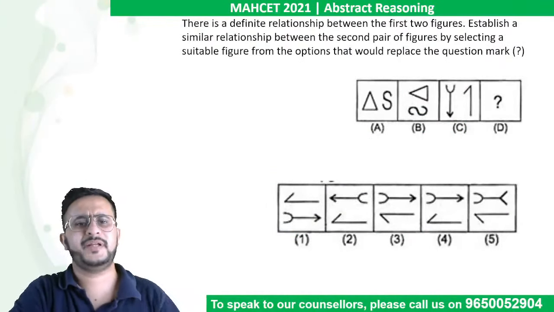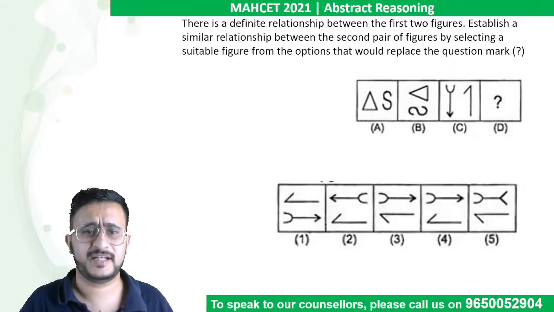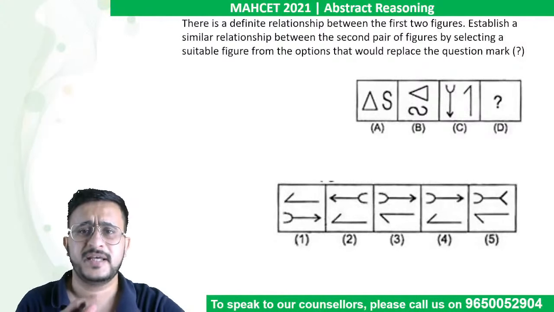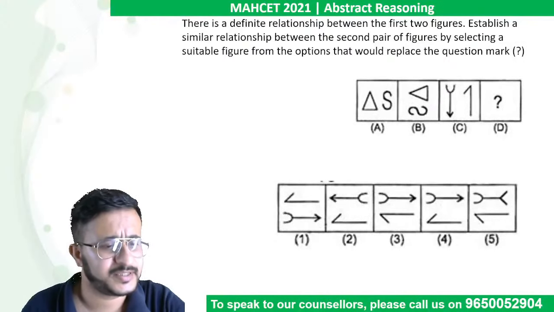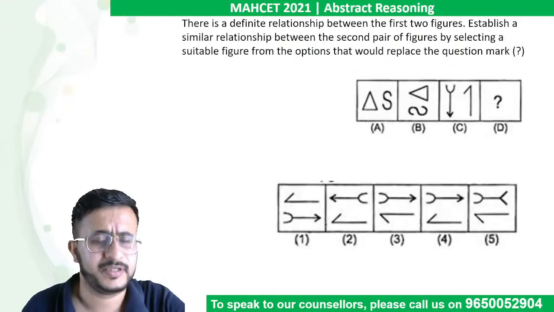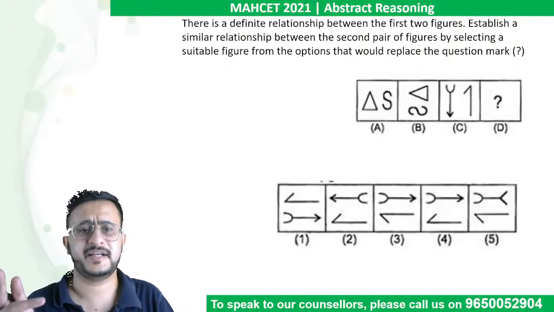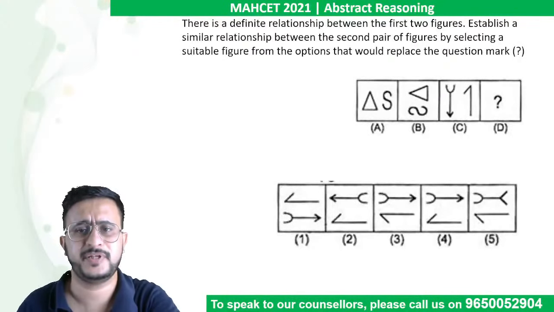All right. So one important question type which is generally asked, which we have seen in the last year, every year, consistently for the past few years, is analogy. So what is analogy? In analogy, if there is a relation between two elements, the same relation has to be replicated among the remaining two elements.